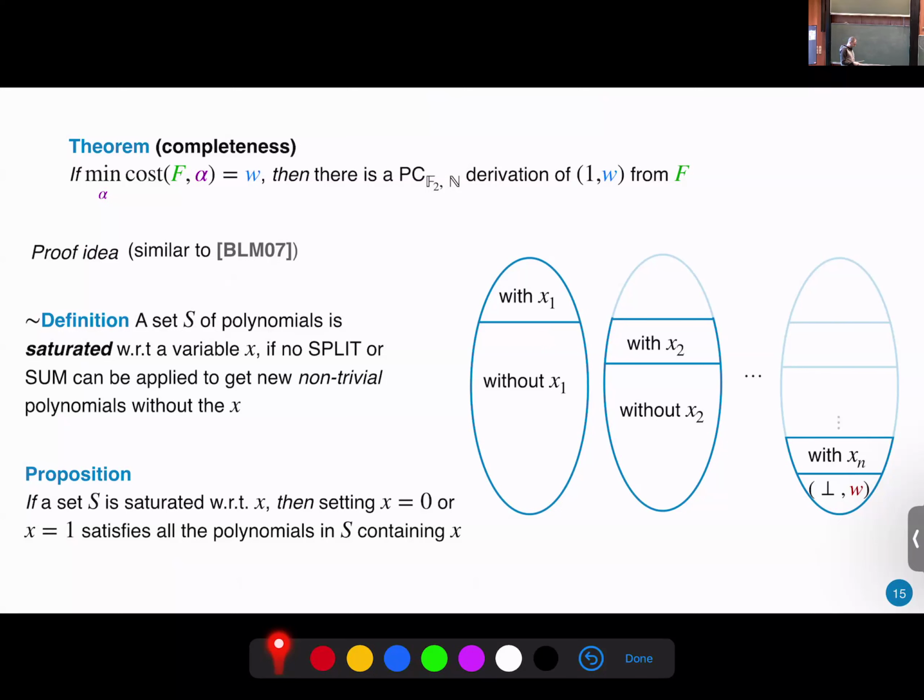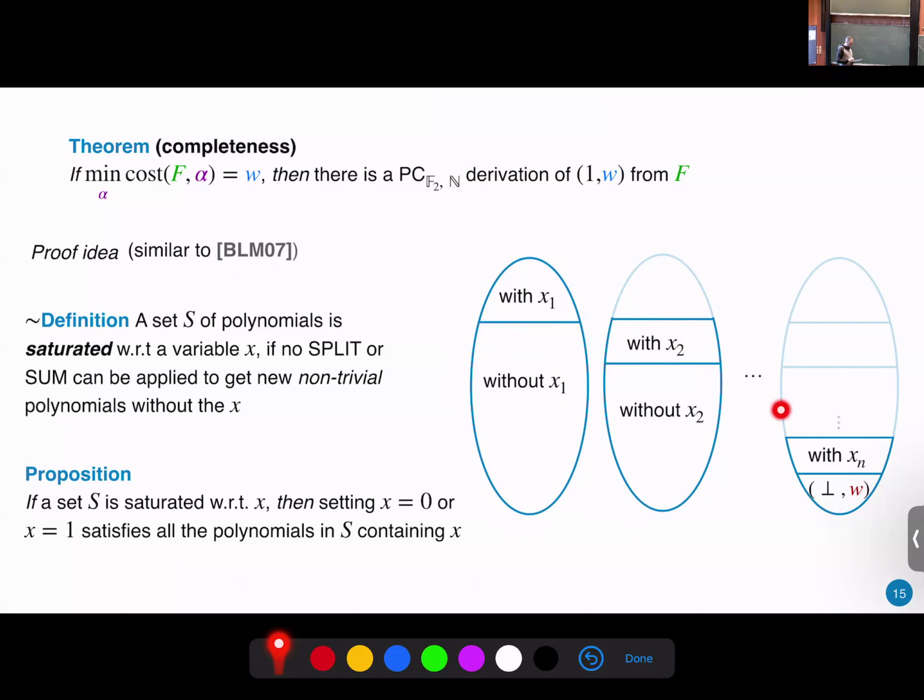We start with our initial set of polynomials and we saturate it. There will be some polynomials containing the first variable and some polynomials that don't contain the first variable. Then we keep saturating. The set of polynomials without the first variable, we saturate it. There will be a part containing x2, and we saturate it with respect to the second variable. In this fashion, one variable at a time.